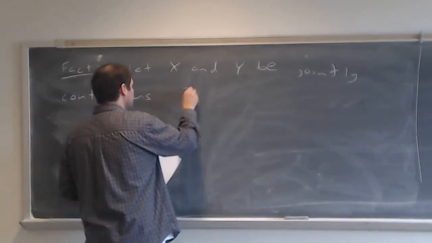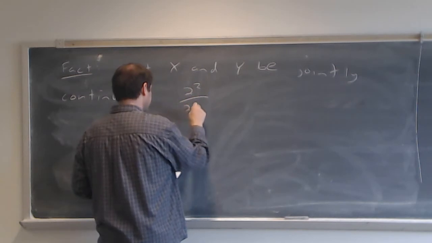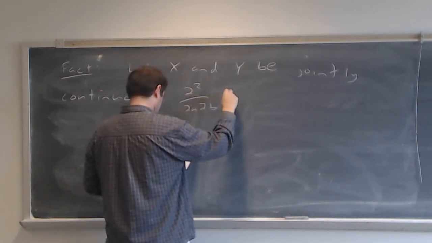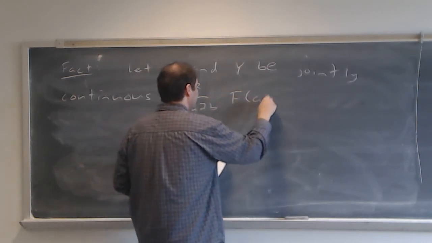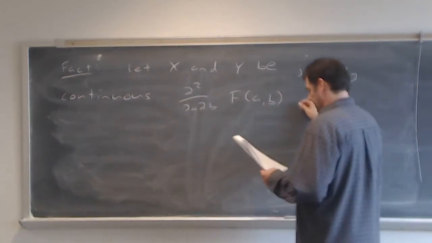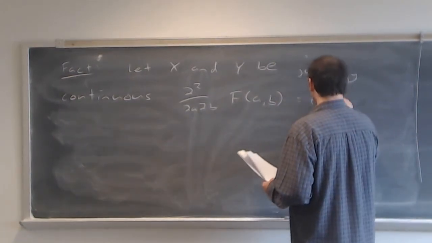Then the partial derivatives, derivative with respect to A, derivative with respect to B, of F of A, B, where we're thinking that this is the joint CDF, is equal to the joint PDF.